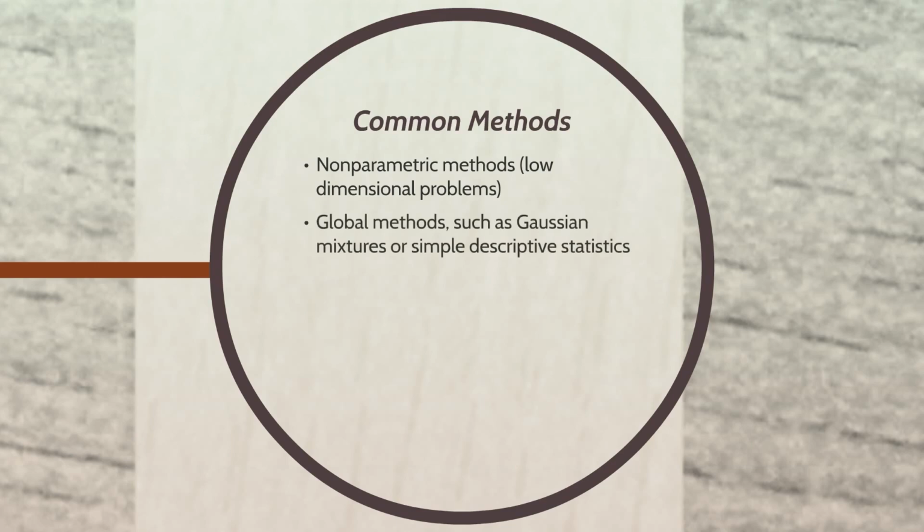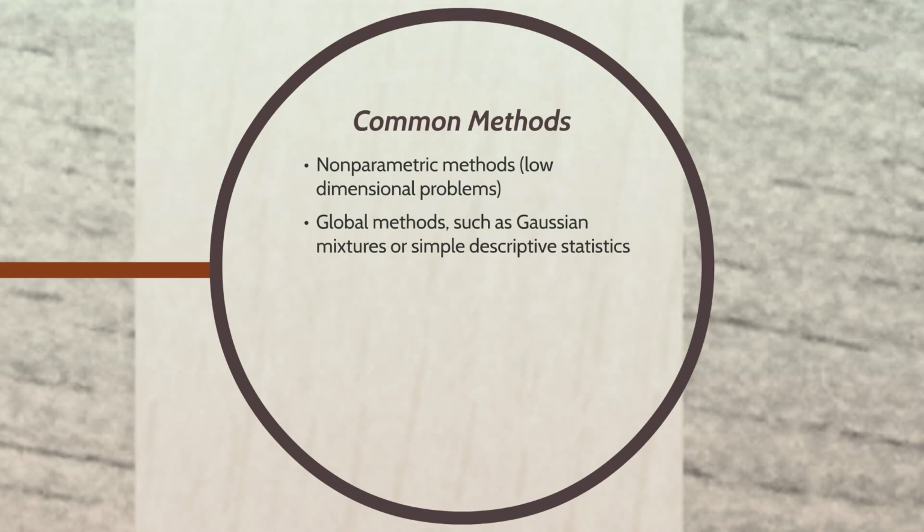There's also the alternative, and this is really the parametric methods, the global methods such as Gaussian mixtures or simple descriptive statistics. So a Gaussian mixture is actually going to be multiple different groups under Gaussian distributions that can be described individually by Gaussian models.